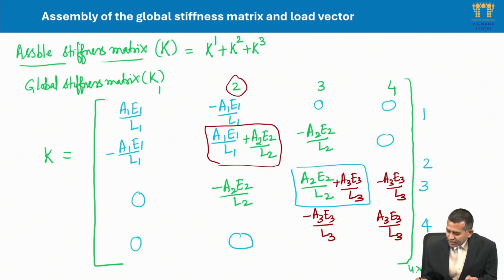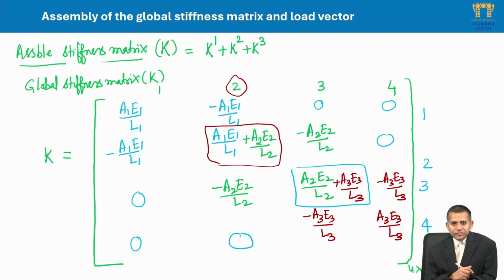That's why the size of the stiffness matrix is 4 by 4. Whether it is global or at element level, this is applicable: the size of the stiffness matrix depends upon the total degrees of freedom of a given system or element.